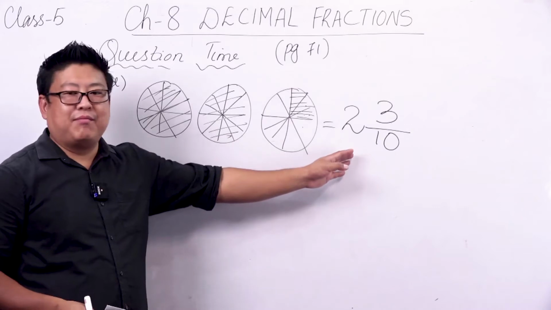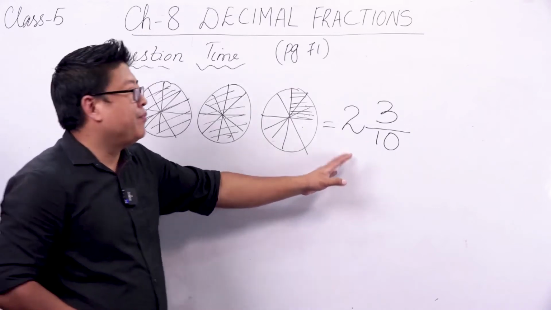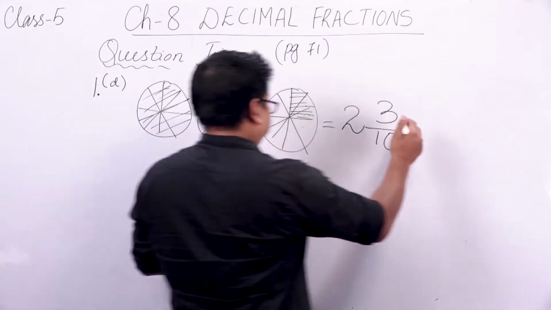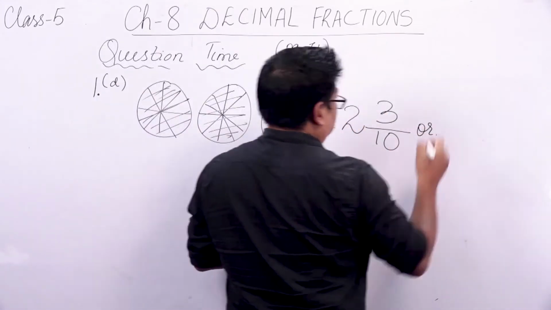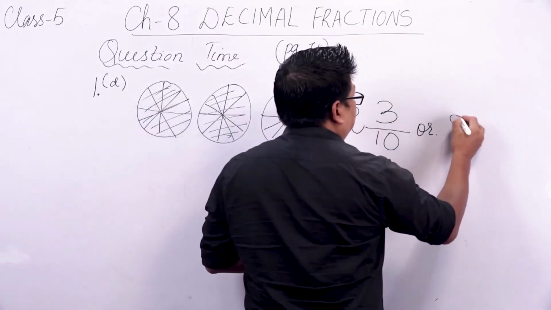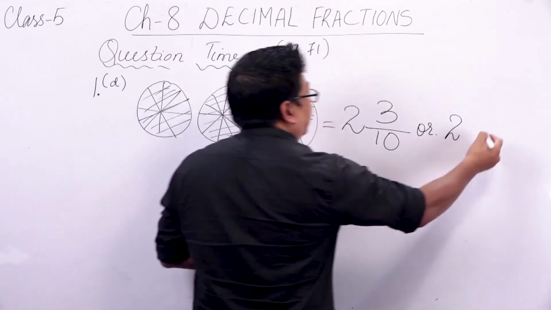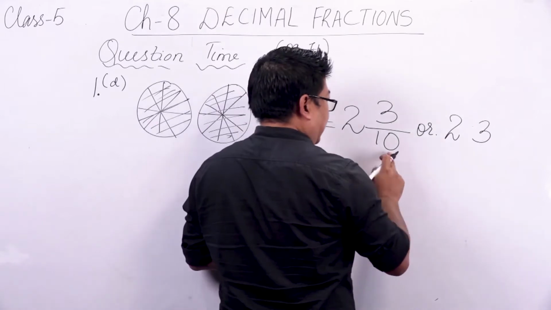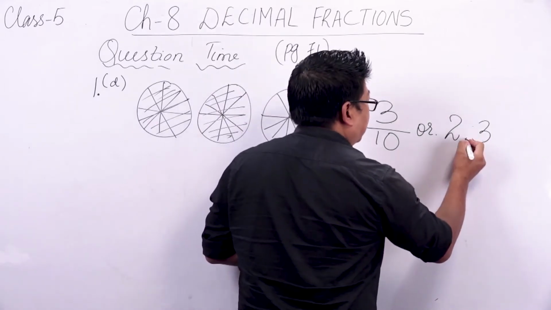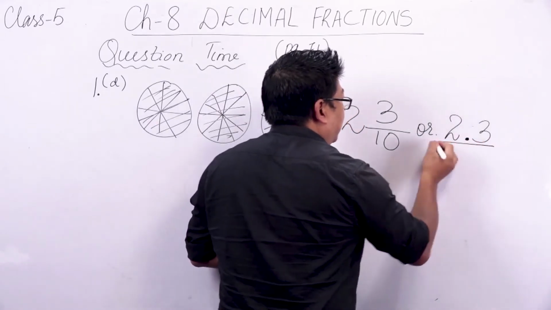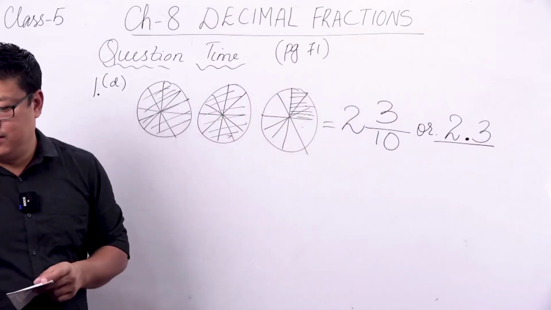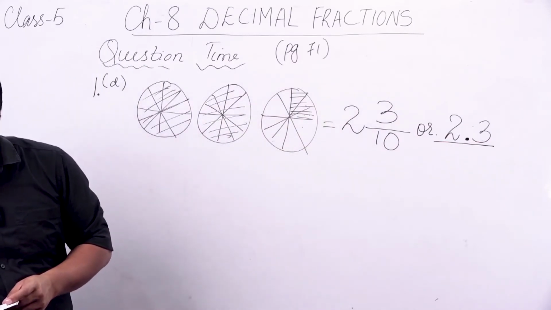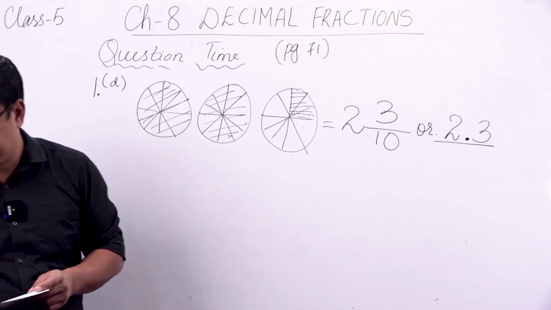So this is a number that we have already seen before. This is called a mixed fraction. All right? So this is the first part. And in the second part, 2 I will write as it is. 3. And there's a 0, 1, 0 here. So 1 and point. So this is your answer. All right, children? So with this, we come to the end of the first question.